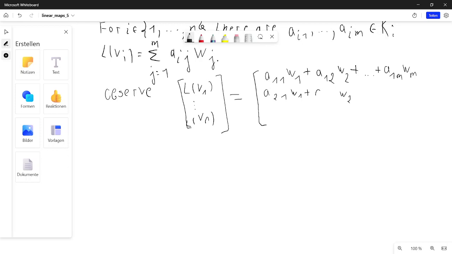But 2 is kept because now we are representing L of v_2: a_22, and so on until a_2m w_m, coefficient by w_m. And what is last? Well, last is n, I mean L of v_n. Here L is evaluated at v_n, and we have just that, n is kept.